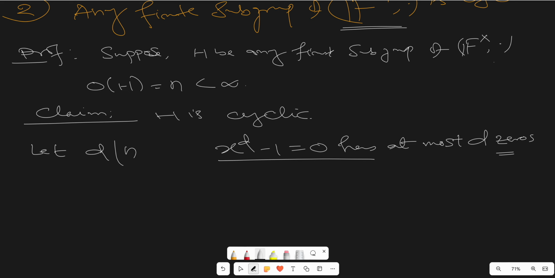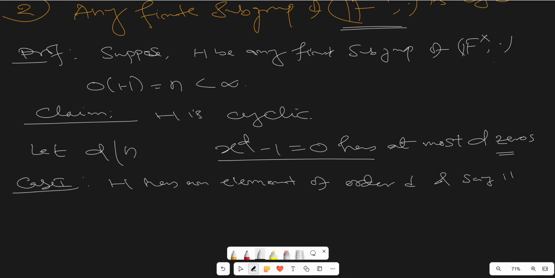Suppose case 1, H has an element of order d, and say it is r.